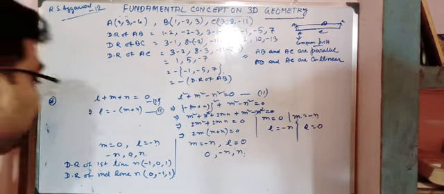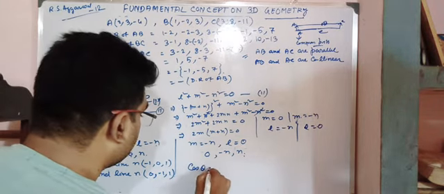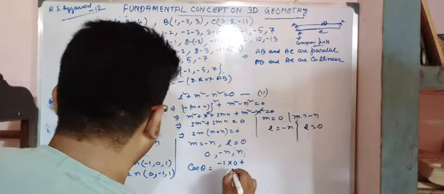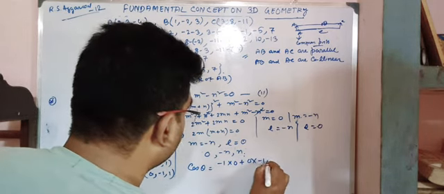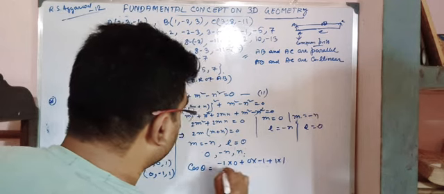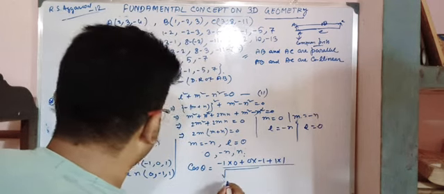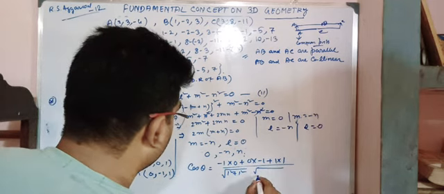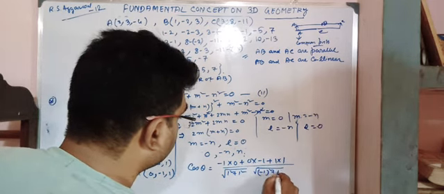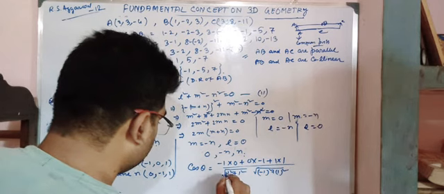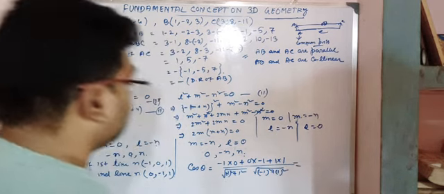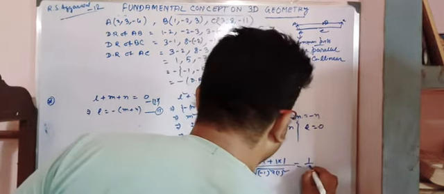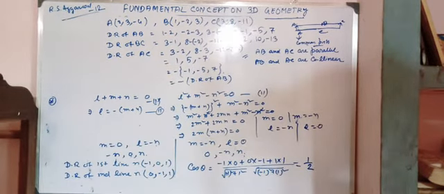So the angle: cos θ = ((-1)(0) + (0)(-1) + (1)(1)) / (√((-1)² + 0² + 1²) · √(0² + (-1)² + 1²)). This is equal to 1/2.